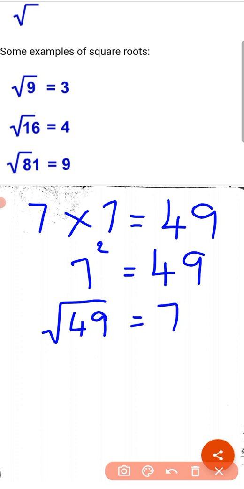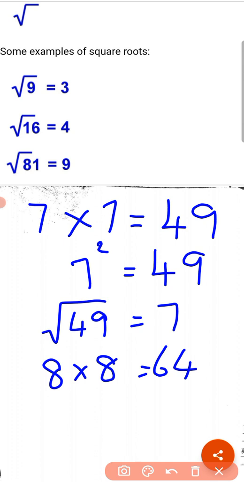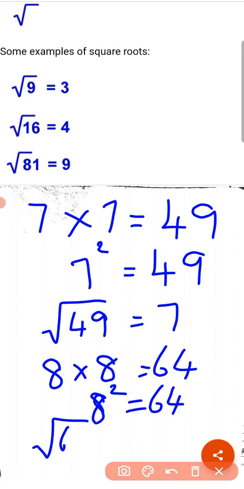Clear? Then 8 multiplied by 8 is equal to 64. That is 8 squared is equal to 64. So we can say that the square root of 64 is equal to 8.